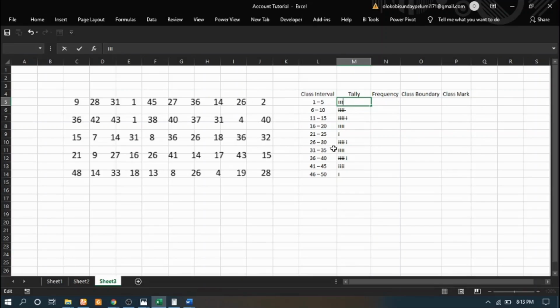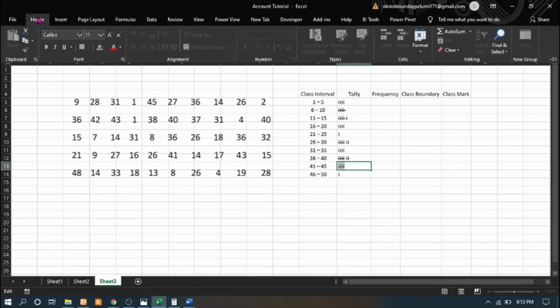We have 26. 26 is here. So we have 4. 4 is here. So we have 36. 36 is here. We have 43. It is here. Okay, that makes the bundle.